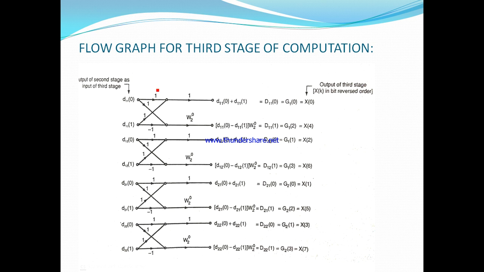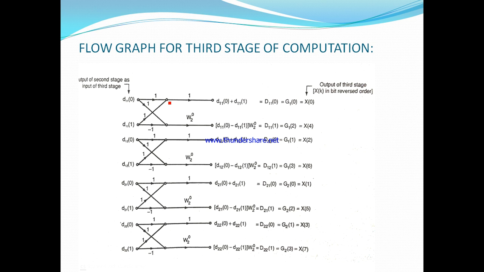In the third stage we have four 2-point DFTs, because in the previous stage each 4-point DFT is divided into two 2-point DFTs. Here we have only one twiddle factor, W2 power 0, so we have to introduce W2 power 0 here. Next, at the bottom of the flow graph we have minus 1.